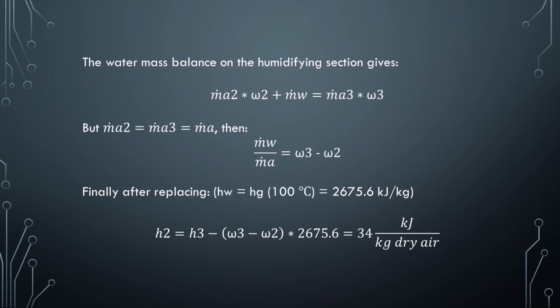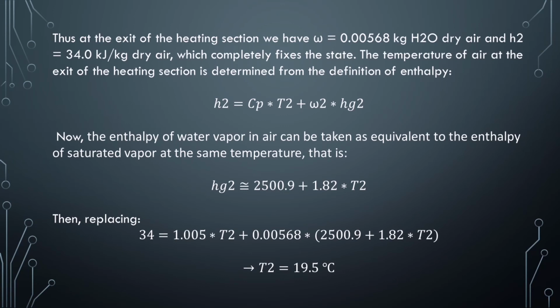Again, after replacing, enthalpy 2 equals 34 kilojoule per kilogram dry air. Thus, at the exit of the heating section, we have the specific humidity is 0.00568 kilogram water per kilogram dry air, and enthalpy 2 equals 34 kilojoule per kilogram dry air, which completely fixes the state.